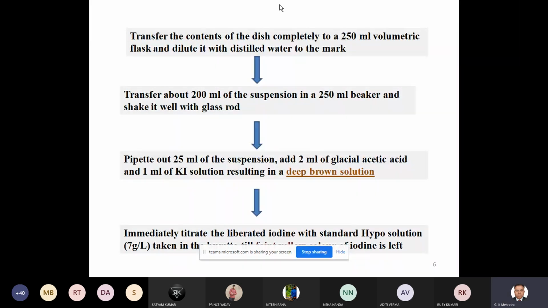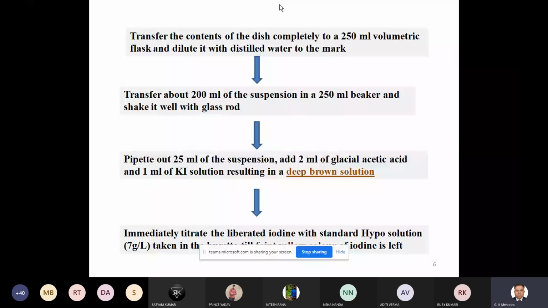So when you add hypo from the burette into your titrating flask, slowly the deep brown color will turn yellow, and then faint yellow. Faint yellow is like straw color. Straw is a grass which is almost colorless, very light yellow.